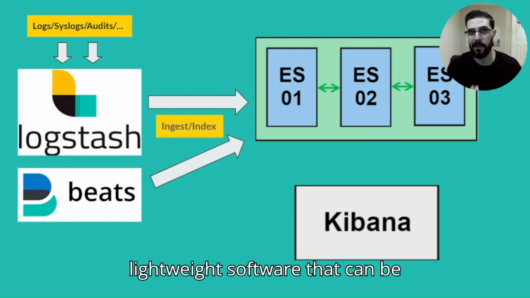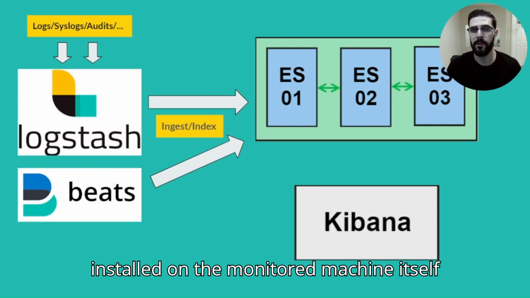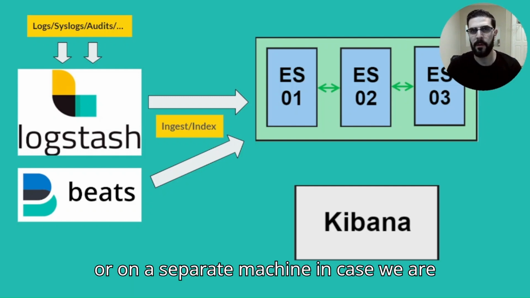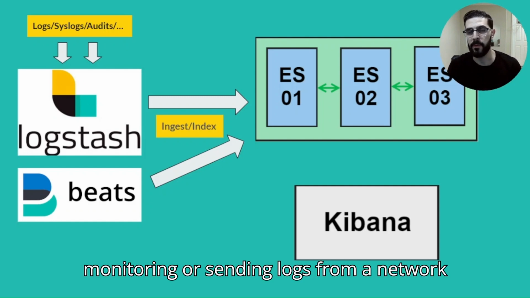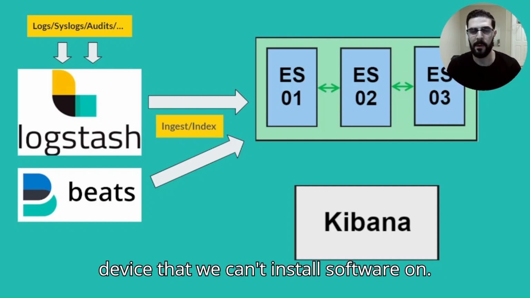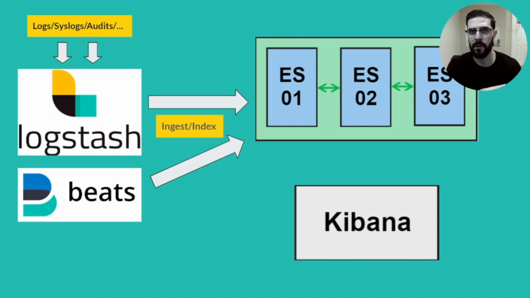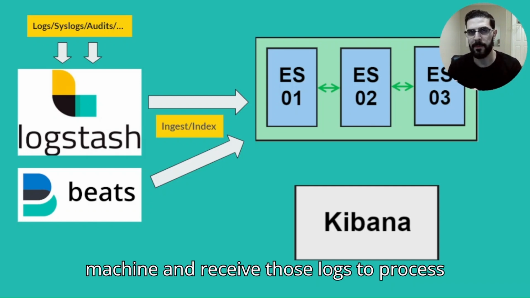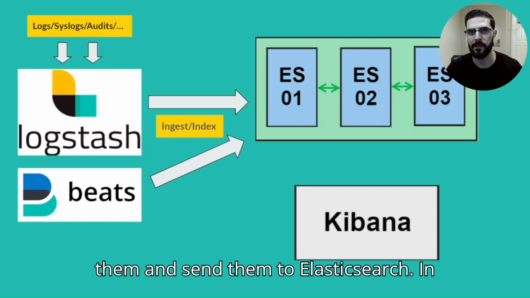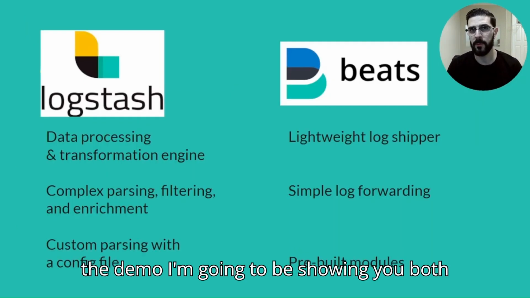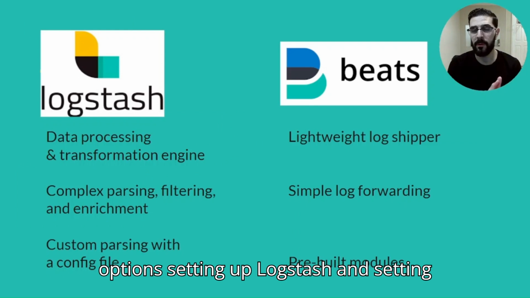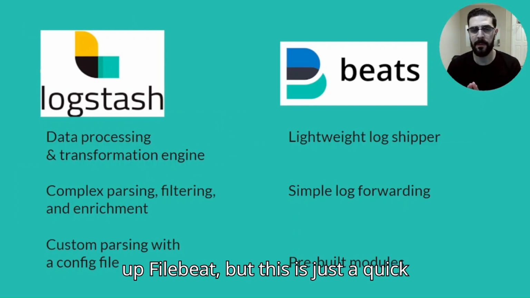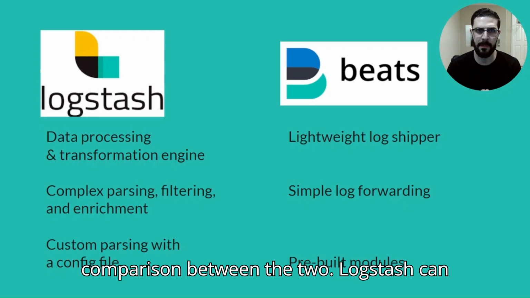Filebeat is a lightweight software that can be installed on the monitored machine itself or on a separate machine in case we are monitoring or sending logs from a network device that we can't install software on. Filebeat can be installed on a separate machine and receive those logs to process them and send them to Elasticsearch. In the demo, I'm going to be showing you both options, setting up Logstash and setting up Filebeat, but this is just a quick comparison between the two.